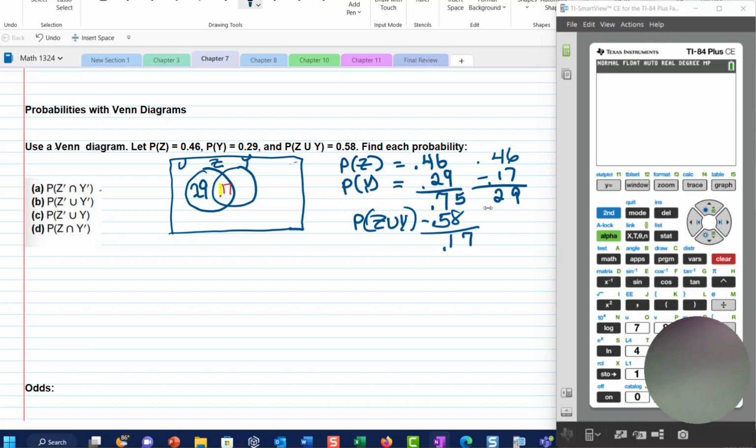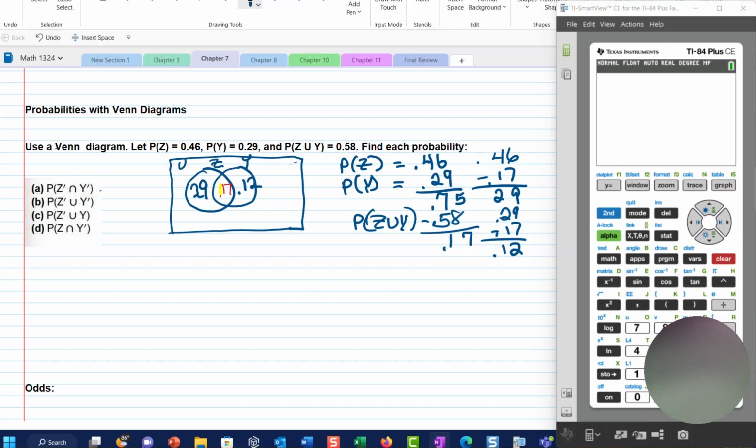Now we're going to take the 29 minus the 17 hundredths. It's 12 hundredths. There are 12% or 12 hundredths that are only in Y and not shared with Z.